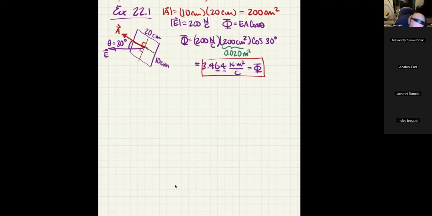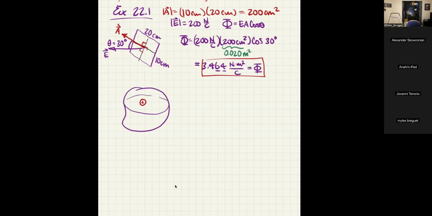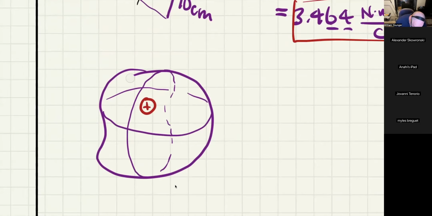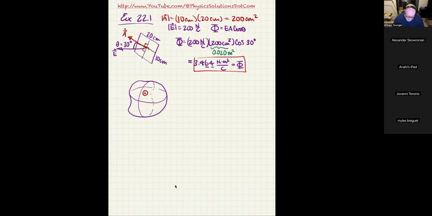So, for instance, if you consider a single point charge like this, and then you imagine it inside of some volume, maybe a kidney bean shaped three-dimensional object, something like this, okay, then there's a way we could actually determine the flux from that surface. In other words, the amount of electric field lines leaving that surface.